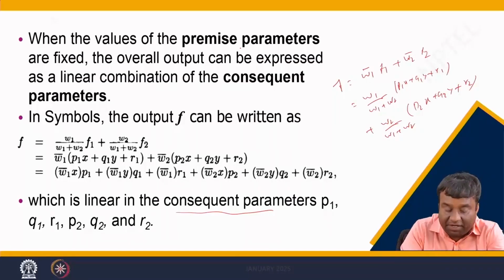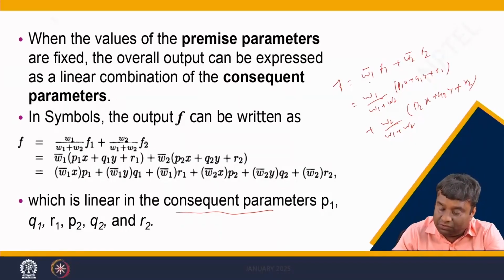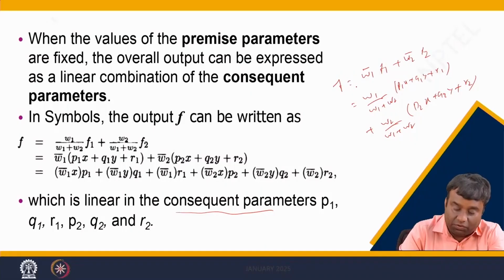When the values of the premise parameters are fixed, the overall output can be expressed as a linear combination of the consequent parameters. So f equal to w1 bar f1 plus w2 bar f2.